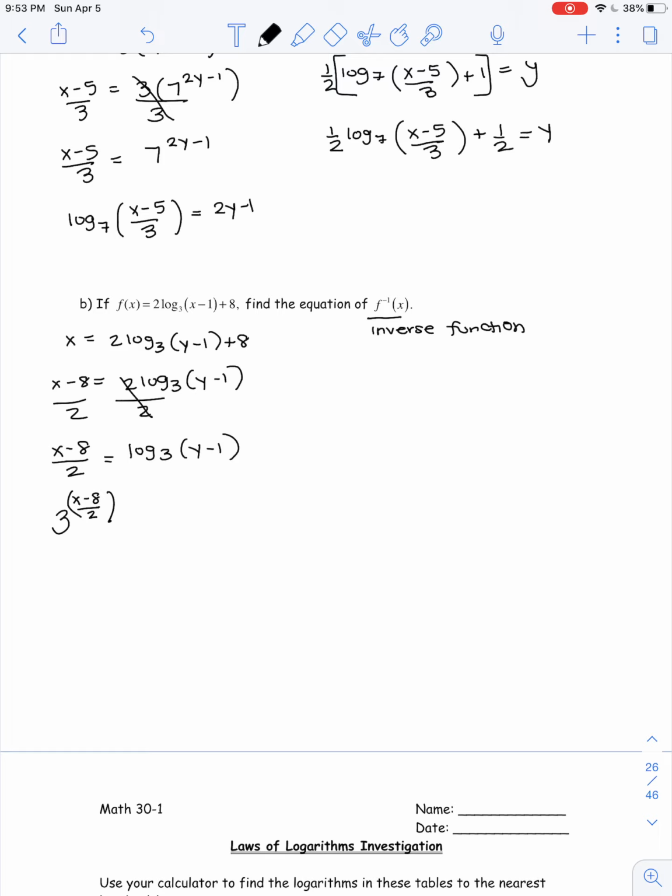Okay. And y minus 1. And now we're just going to move that minus 1 to the other side.